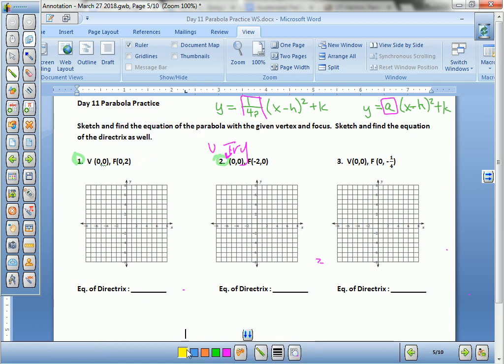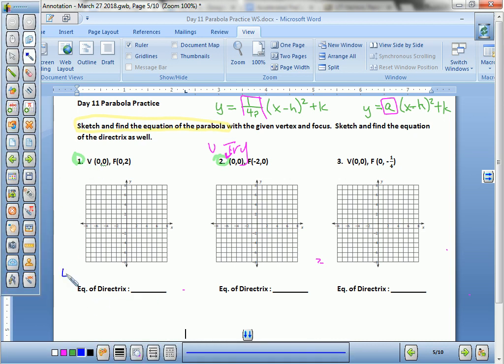So what we're going to be doing here is we're going to sketch what they give us and then find the equation of the parabola. I didn't put a blank for that, which is dumb. We should do the equation of the parabola first, and then the directrix, but I just didn't give a space for it. It's all right. So maybe we'll do this down here.